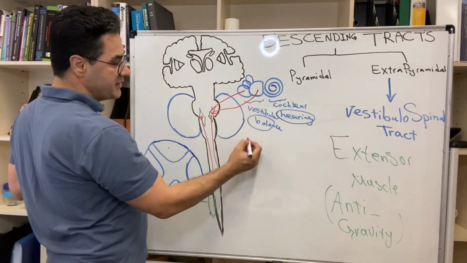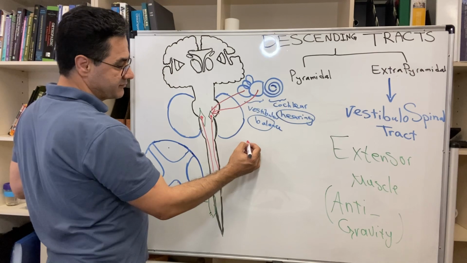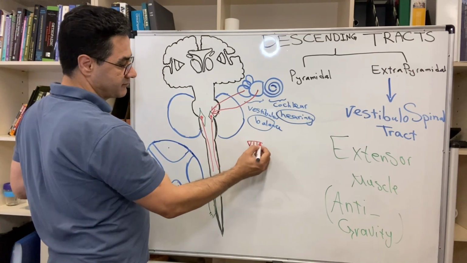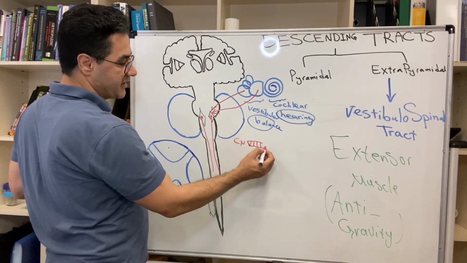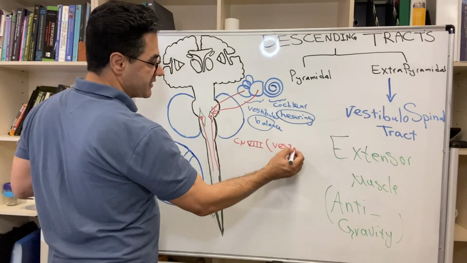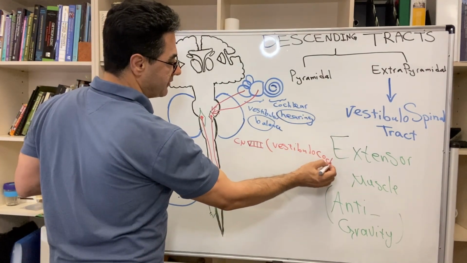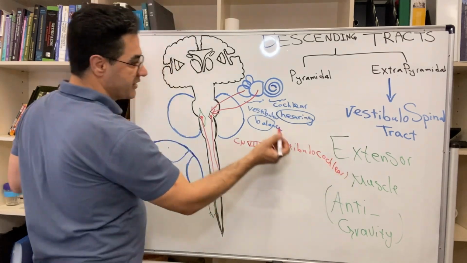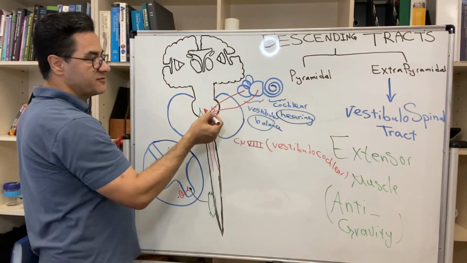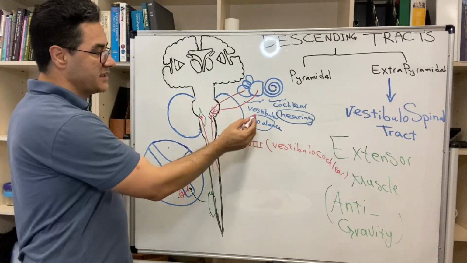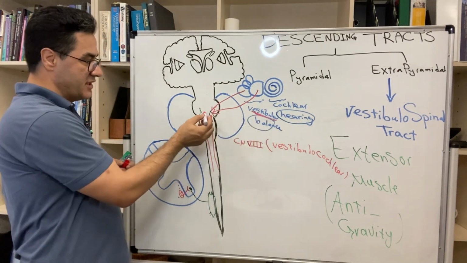Cranial nerve 8 is called the vestibulocochlear nerve.